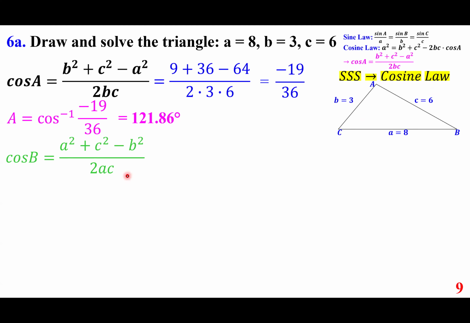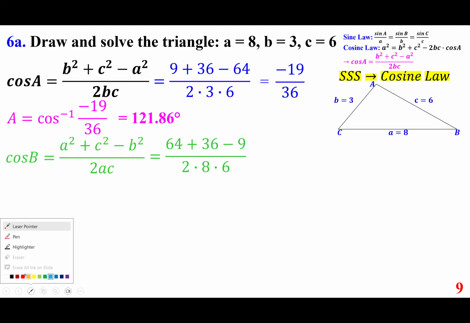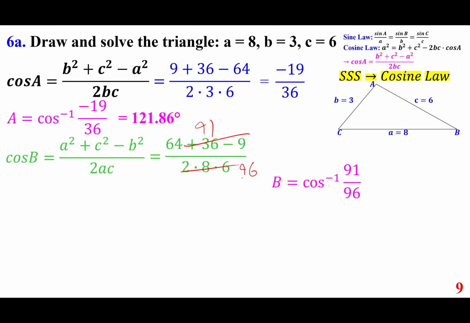The bottom is 2 times 8 times 6. 6 times 8, 48 times 2 is 96. 64 plus 36, 100 minus 9 is 91. So we have 91 up here, 96 down here. And B is cosine inverse of that number. You put it into a calculator, you get 18.57 degrees.